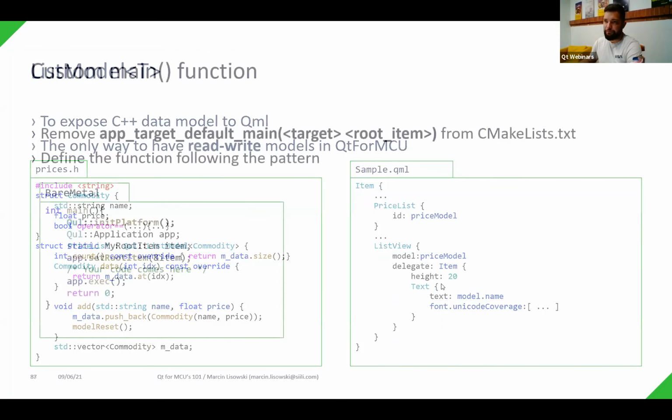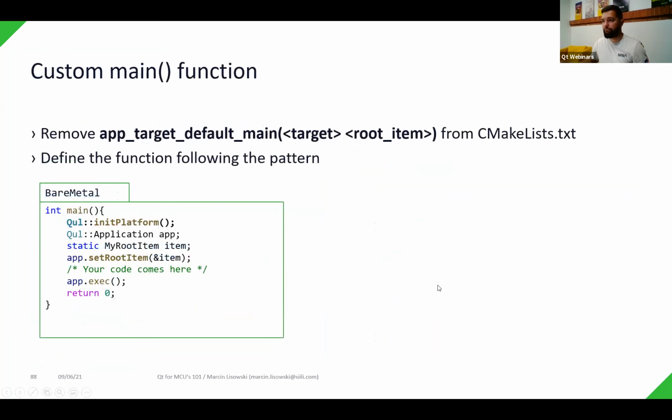All right. Previously, I said that we'll see how to provide a custom main function. If you are going to create your own, for example because you need to initialize something more than just the graphics components that Qt does for you, you can create your own main function and put your specific initialization of the components you need.